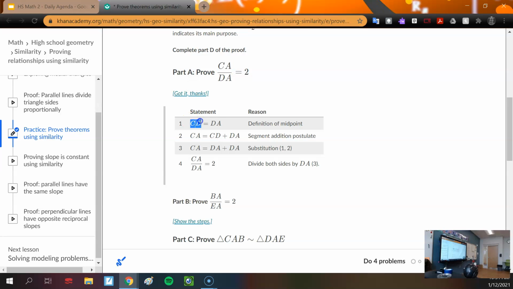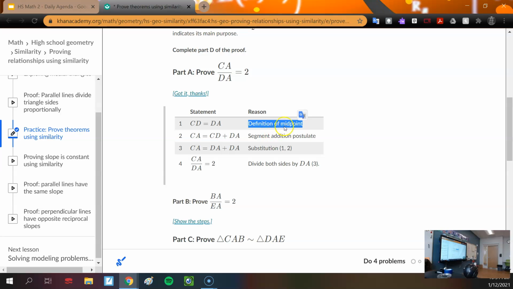Saying that CD is equal to DA because a midpoint cuts something in half feels silly, but we have to do it. Right? So the biggest thing to remember about proofs is if we want to use something later in the proof, like equal lengths, we have to have defined why we know it.